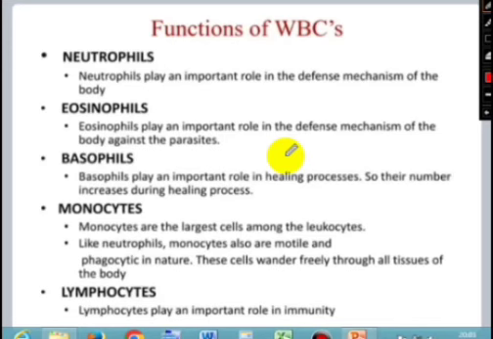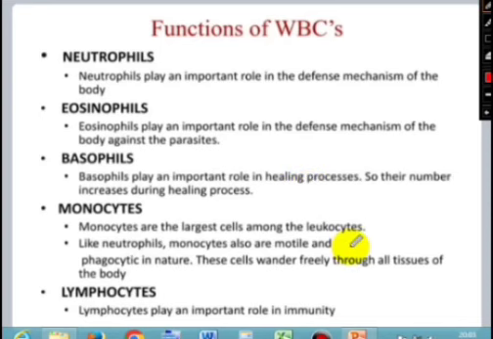So the basophils play an important role in hypersensitivity reactions by secreting some neurotransmitters. Alright? You will get to know that soon.